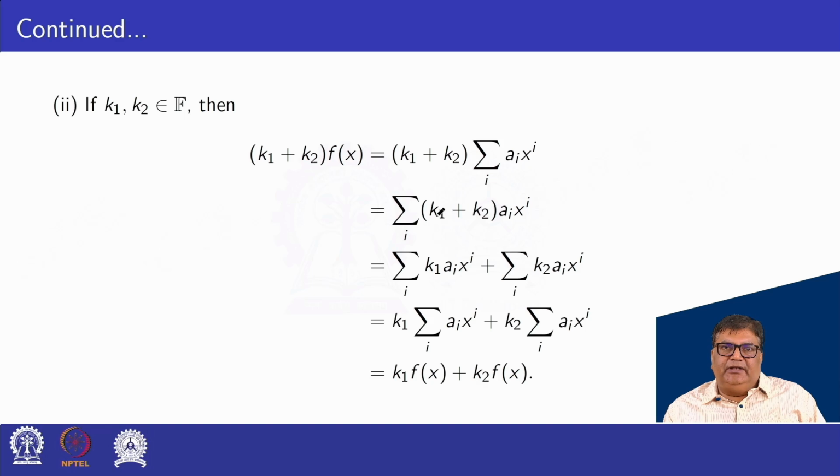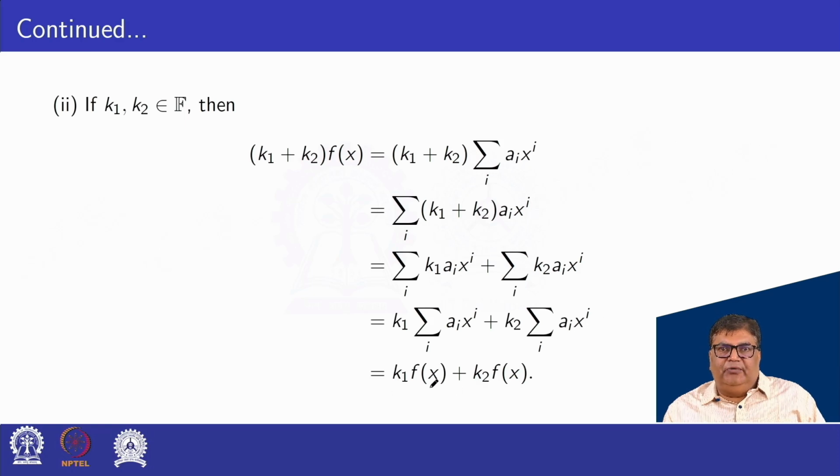This can be written as the summation of k1 a_i x^i plus the summation of k2 a_i x^i. Since k1 is independent of i and k2 is also independent of i, we can write them outside the summation: k1 times the summation of a_i x^i plus k2 times the summation of a_i x^i.